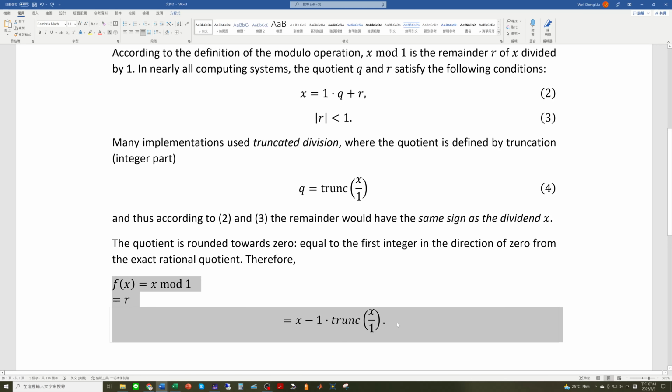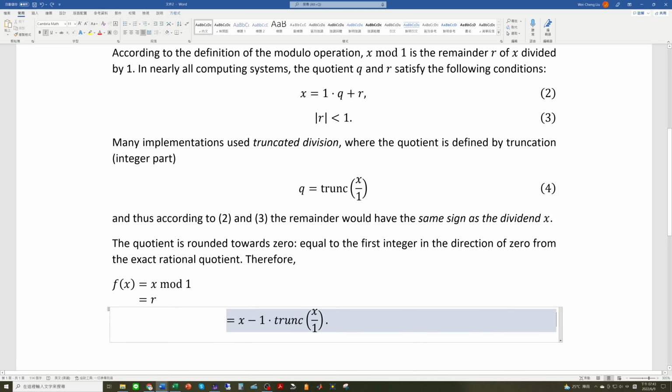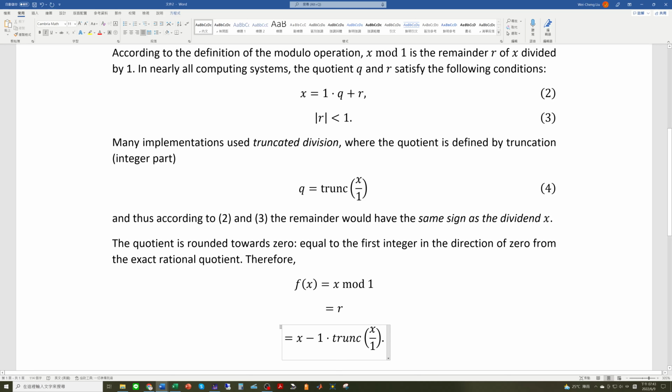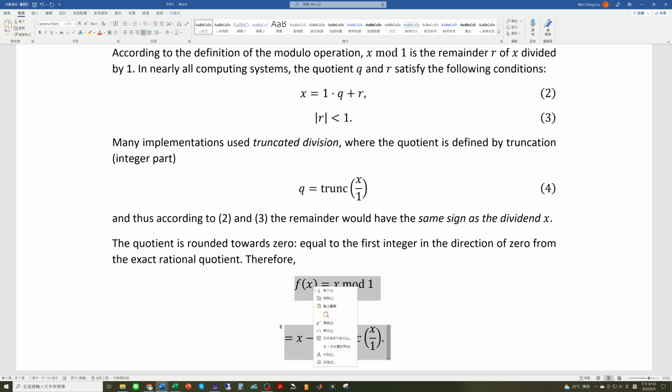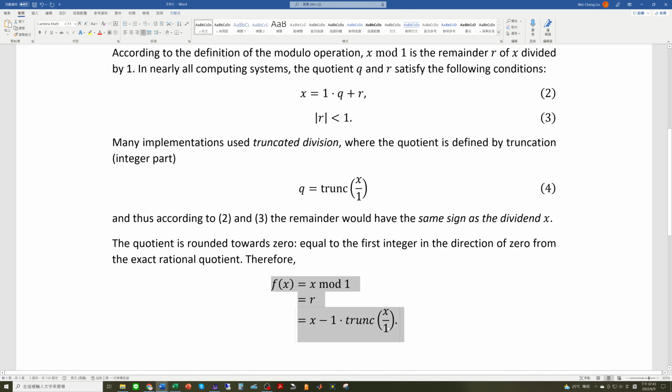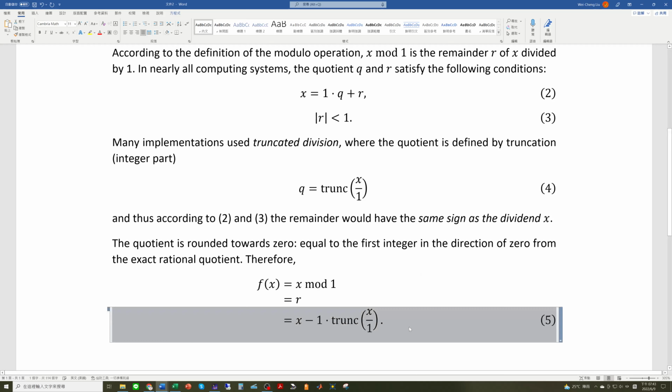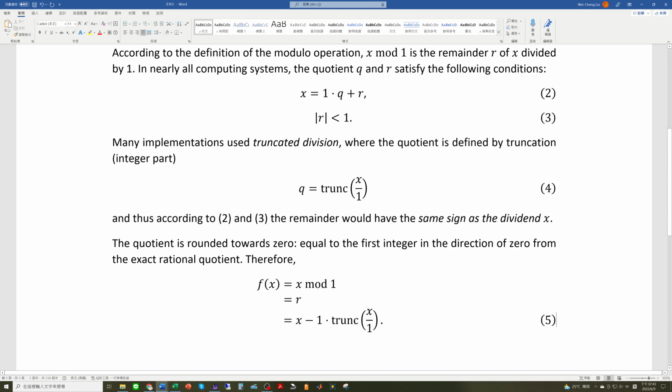Let me align at the equality sign. Good. And the trunc should be non-italic. And then I add the equation number. Good.